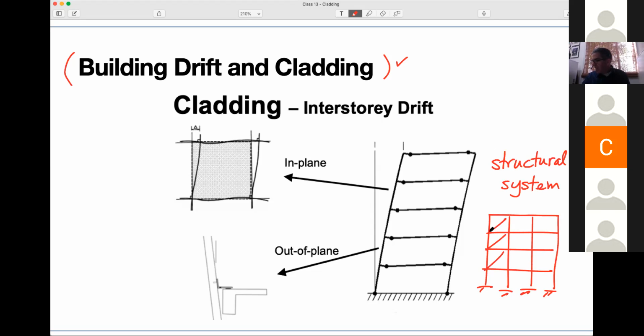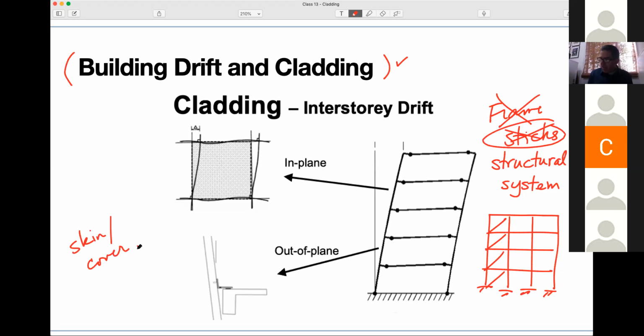Perhaps there's some bracing that's involved. So the pure structure, there's quite a bit more work. It's not just a frame, it's not just sticks. Structurally, it's a good way to look at it, but there's an actual building involved. And as you would know, the building has a skin, right? Some sort of cover that's put on it.